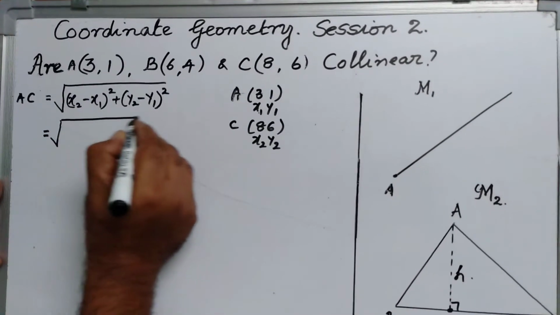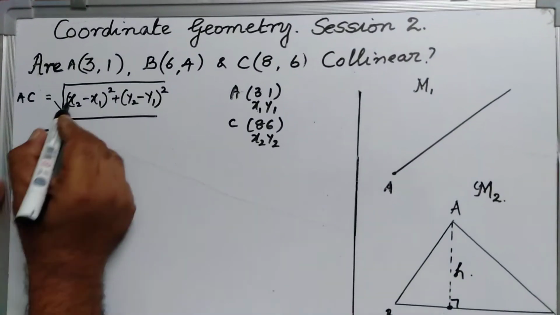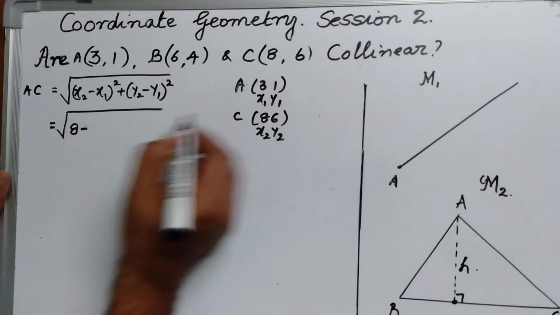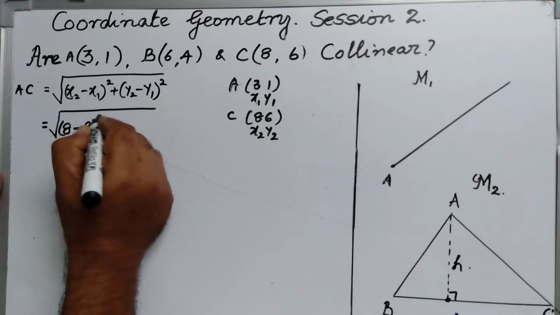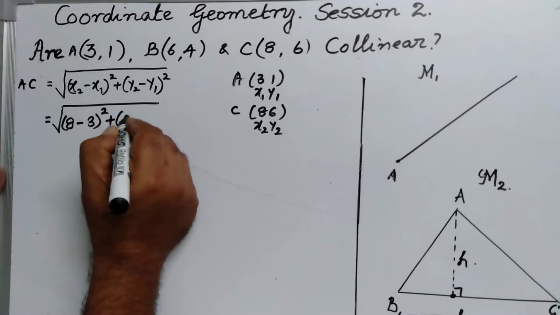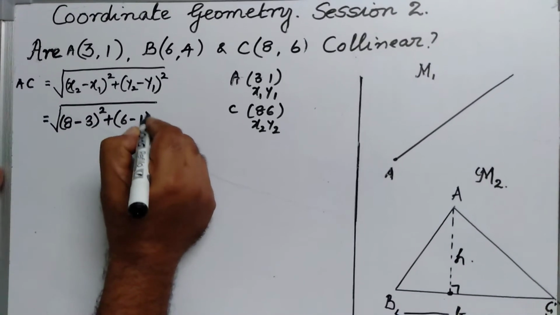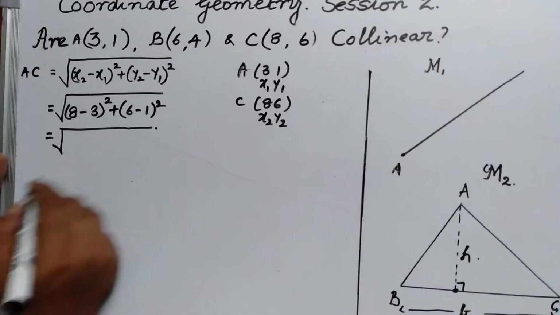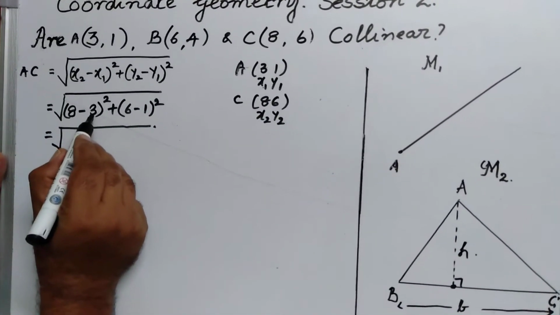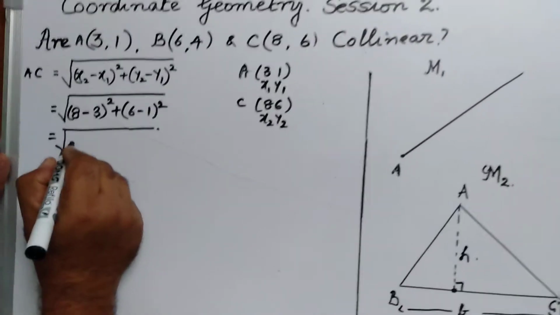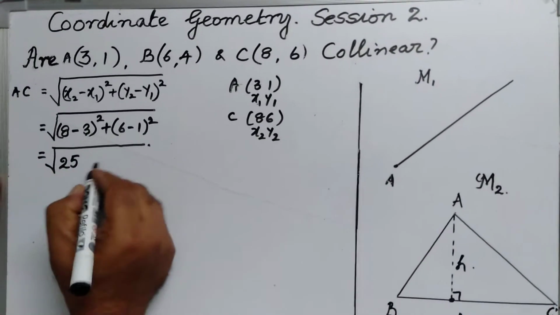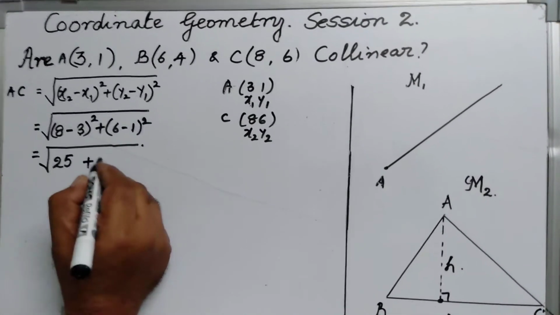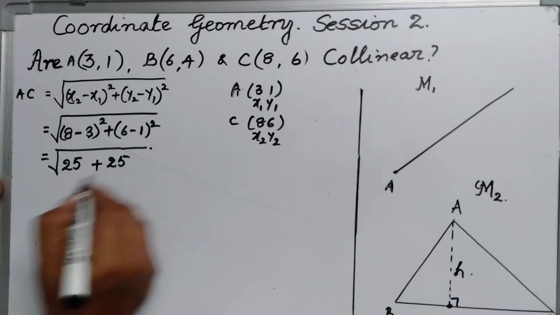So I will have AC equal to root of (8 minus 3) whole square plus (6 minus 1) whole square, equal to root of 5 whole square, 5 into 5, 25, plus 5 whole square, 25.